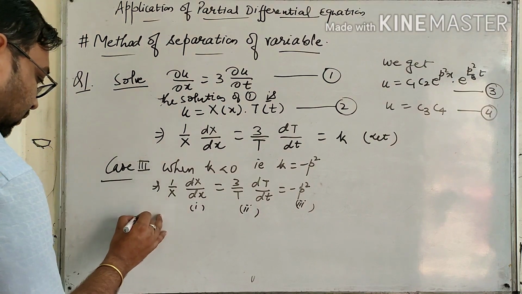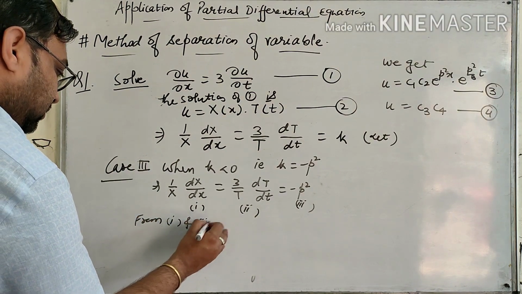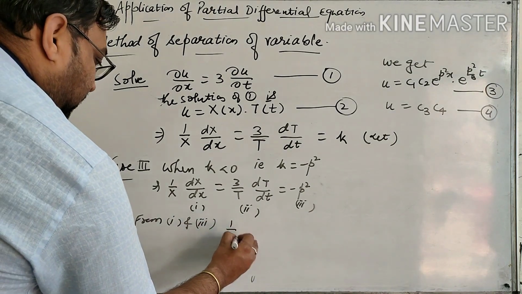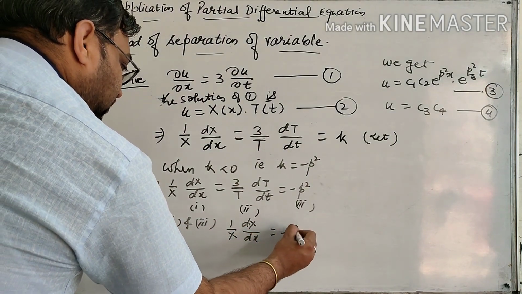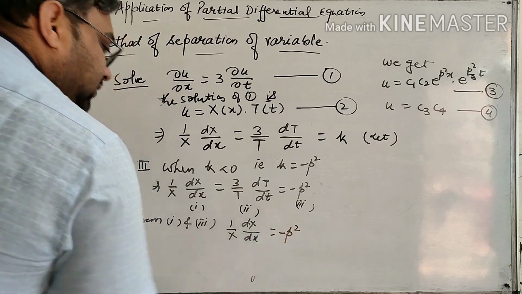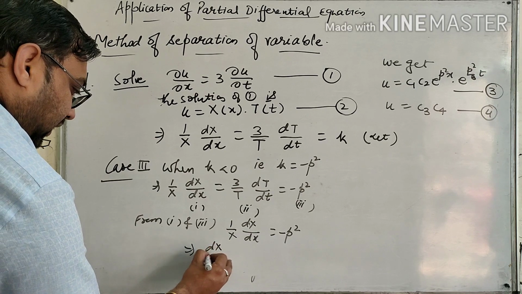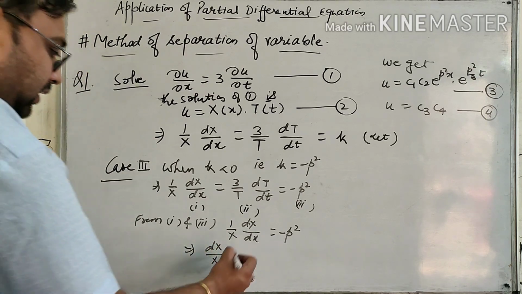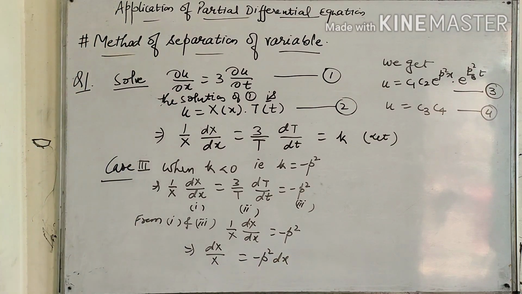Now from first and third, (1/X) dX/dx equals minus p square, or we can write it as dX/X equals minus p square dx.